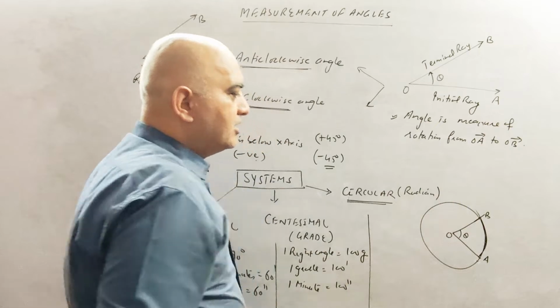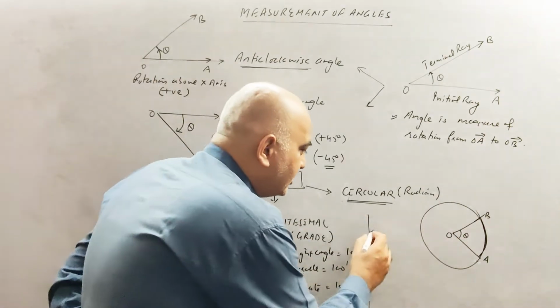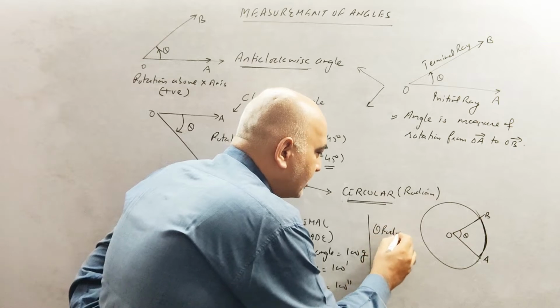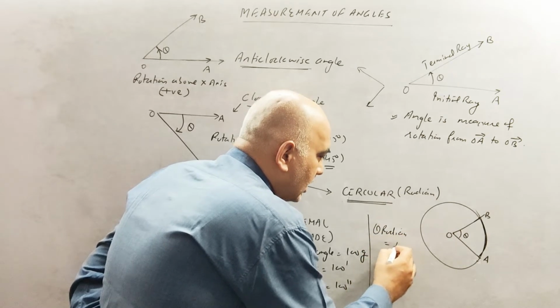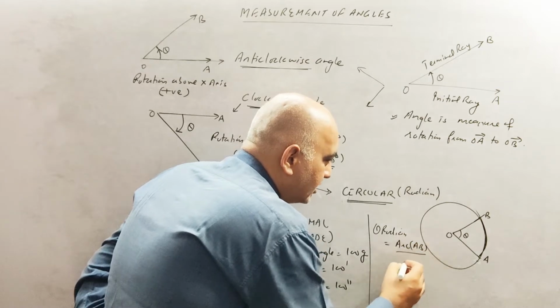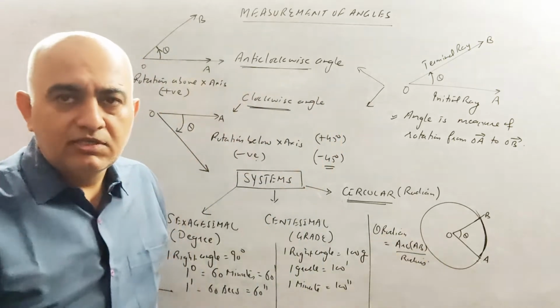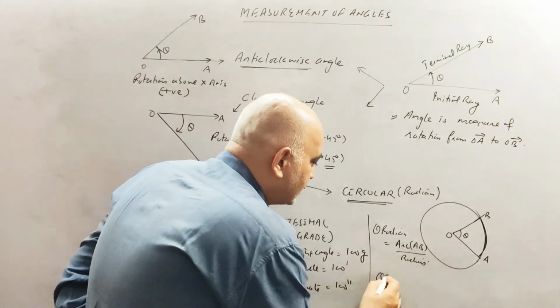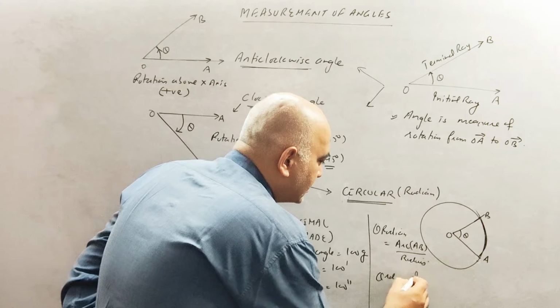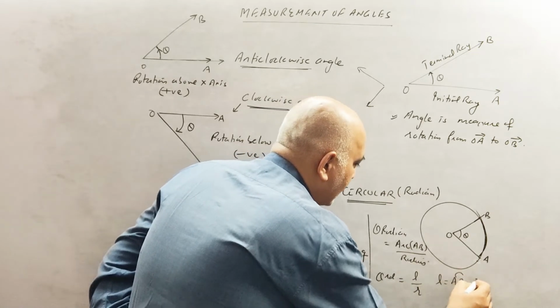When the arc AB subtends an angle of theta radian, then theta radian is defined as the arc length AB divided by the radius of the circle. So basically, theta radian is denoted as L by R, where L is the arc AB and R is the radius of the circle.